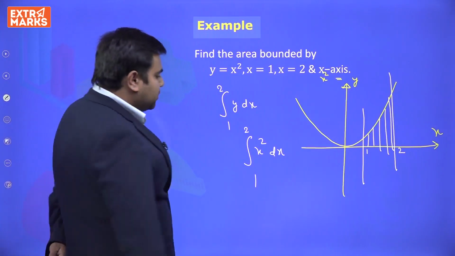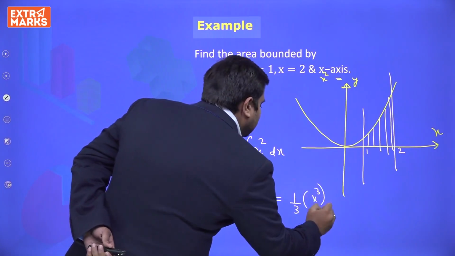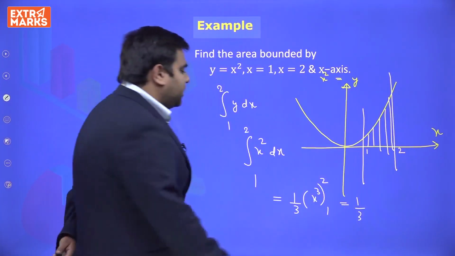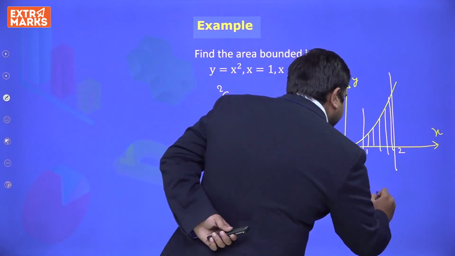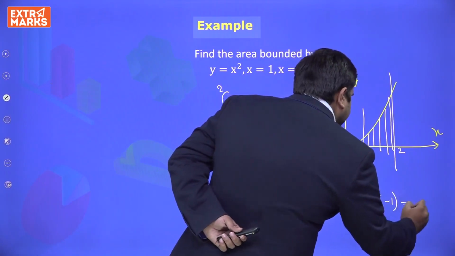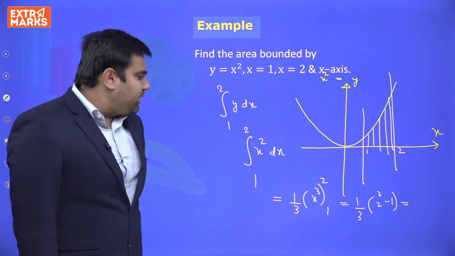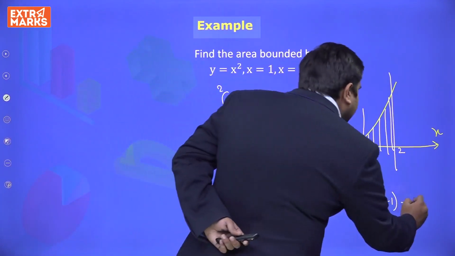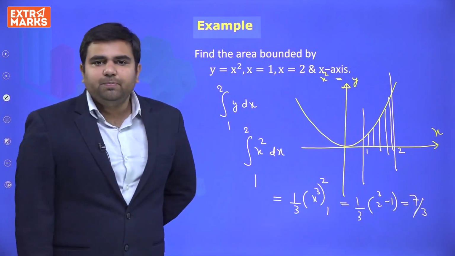This will come out to be 1 by 3 x cube from 1 to 2. So 1 by 3 times 2 cube minus 1, which is 8 minus 1 by 3. What is that? This is 7 by 3.